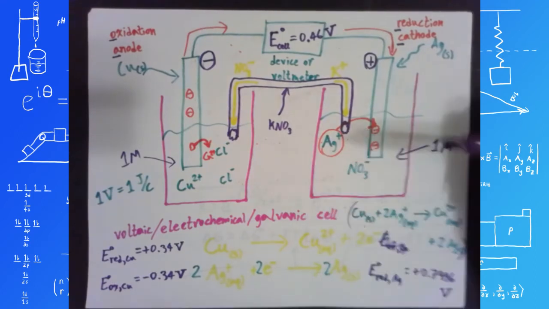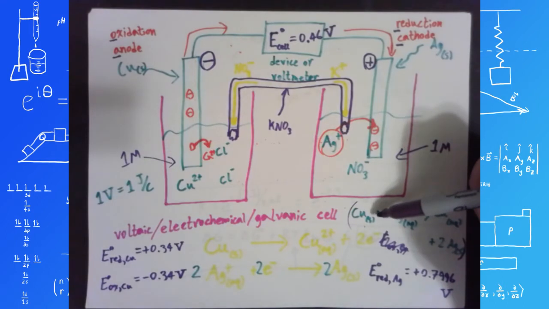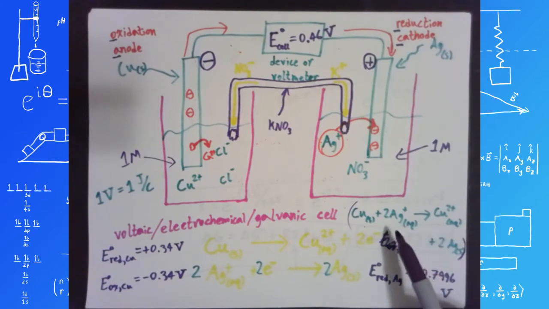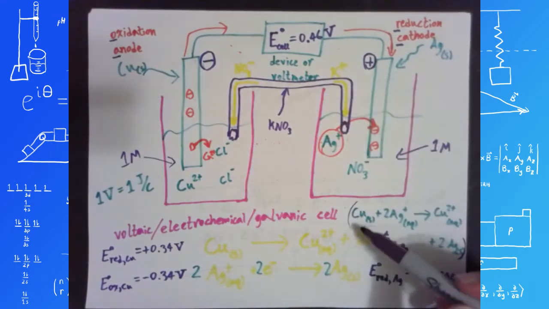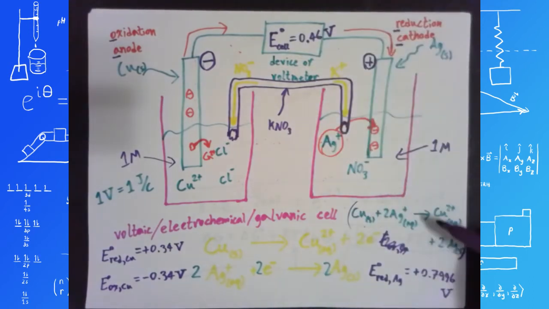So if I wanted to just calculate the free energy change for this reaction, if I had this reaction happen in just one flask or one beaker, and I wasn't setting up a voltaic cell, then yeah, E is also the change in voltage for the overall reaction.